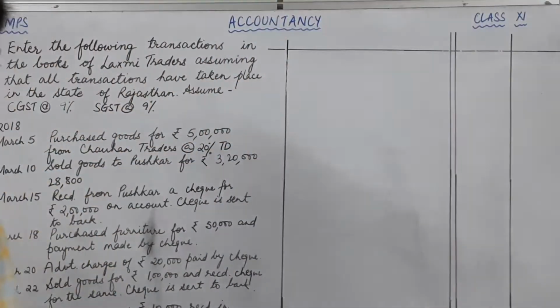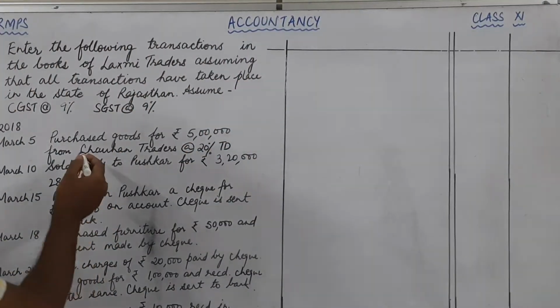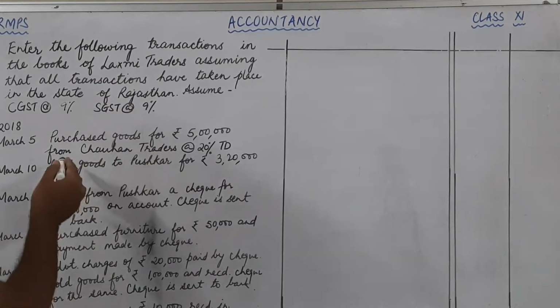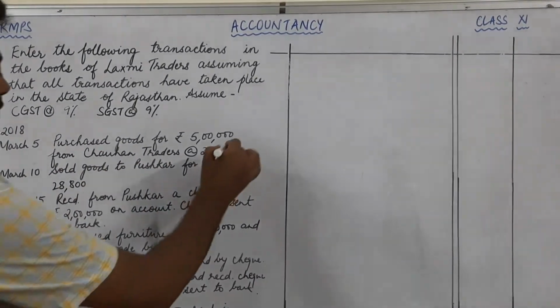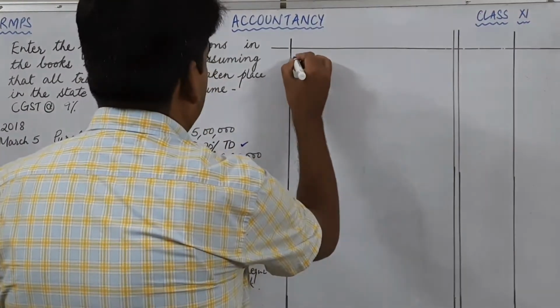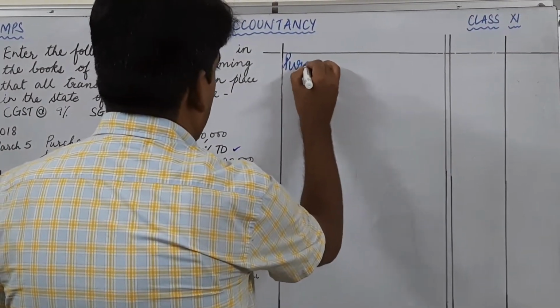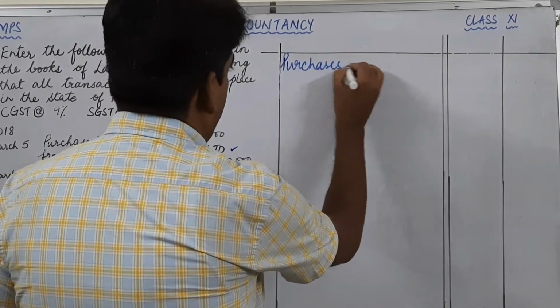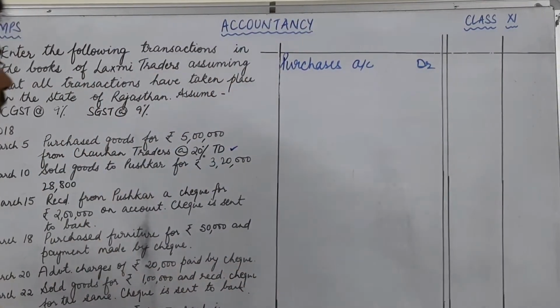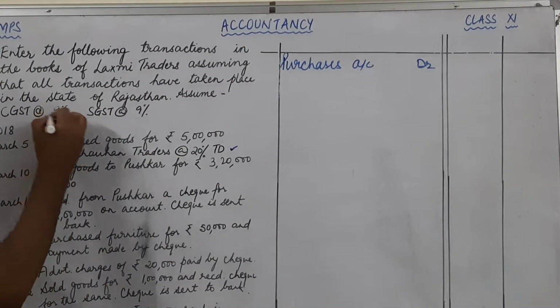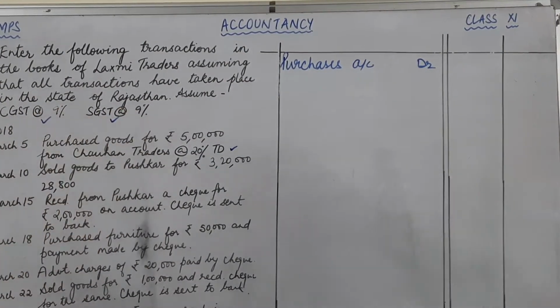So let's see. Our first transaction is purchase of goods for rupees 5 lakh from Chauhan Traders at the rate of 20% trade discount. Okay. So a very simple journal entry will come. That is, purchases account debit, and we have to treat CGST 9% and SGST 9%.